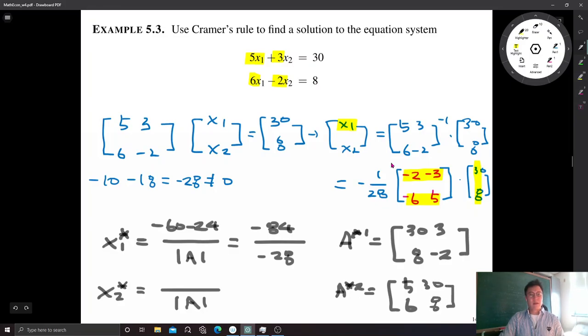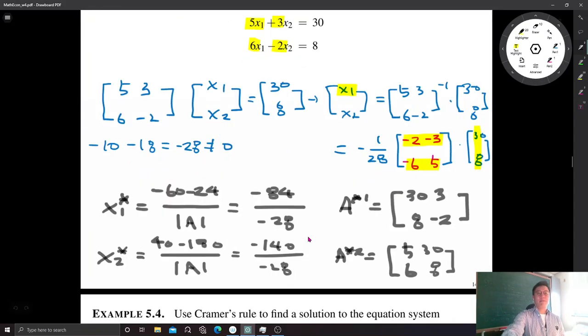Then its determinant is 40 minus 180, so negative 140 on the top and negative 28 on the bottom. So what do you think? In the case of 2 by 2, matrix inversion and Cramer's rule give us almost the same amount of computational work.